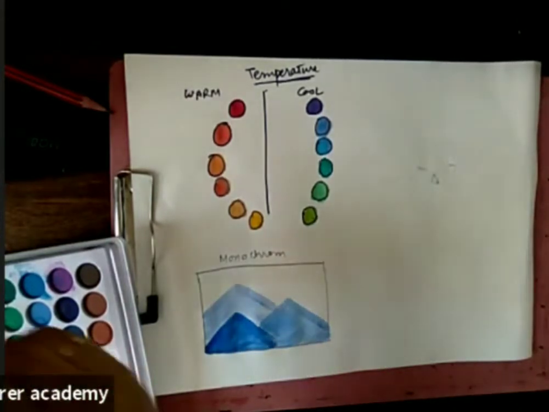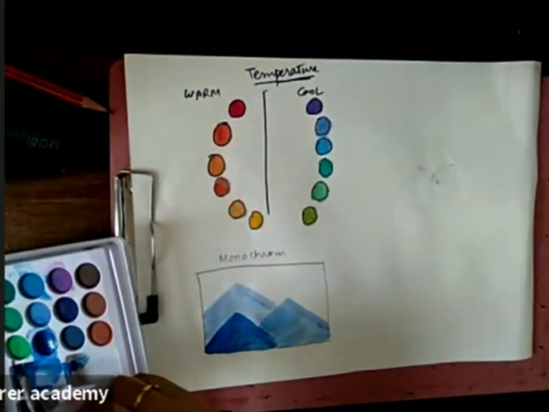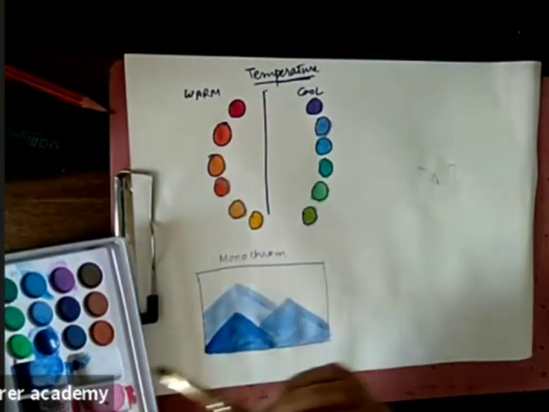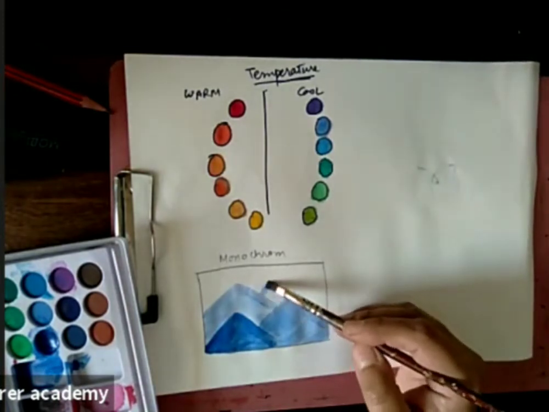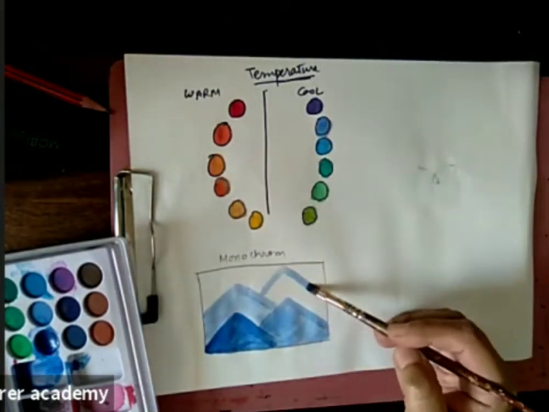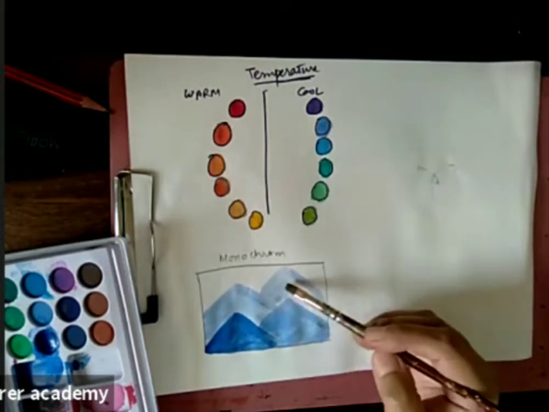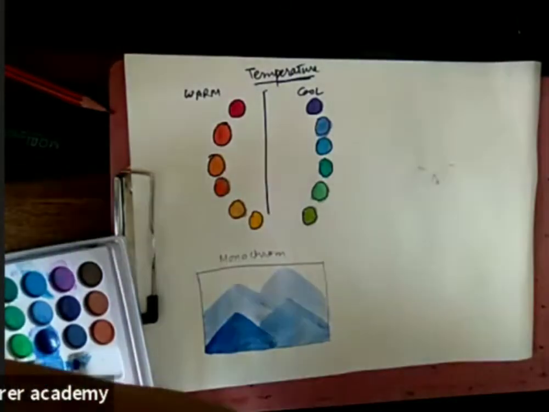Okay. So now if I'll add more water, fully watery. Okay. So see, this shade is even lighter than this shade. So I just added, kept on increasing the quantity of water.